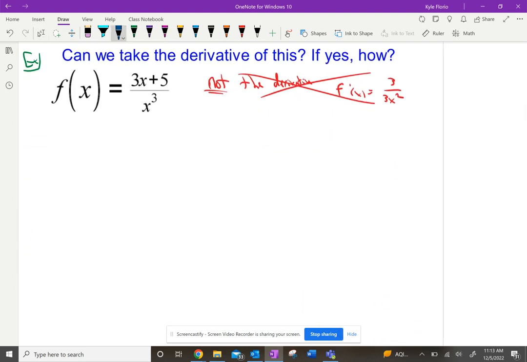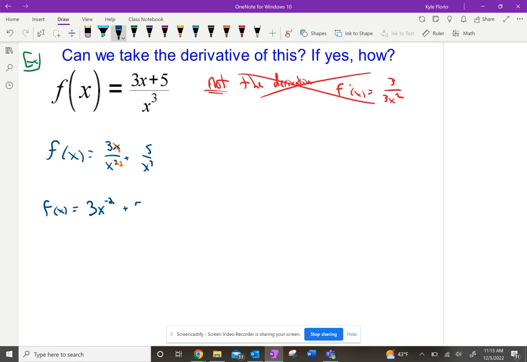So if we had to do this, we'd first have to rewrite it. So f of x, I'd want to rewrite it so I can use the power rule, and we can cheese it a little bit. This is just 3x over x cubed plus 5 over x cubed, which is the same thing as, so let's see here. This x is going to cancel out with one of those x's, so there's x squared down here. And this x squared on the bottom, I can bring upstairs and make it 3x to the negative 2.